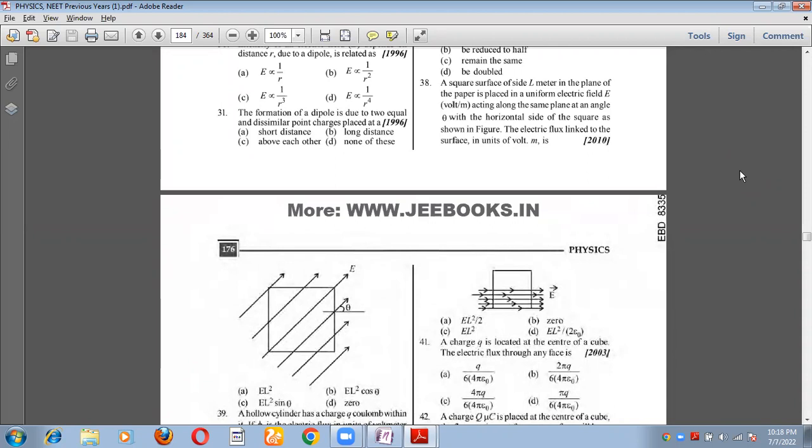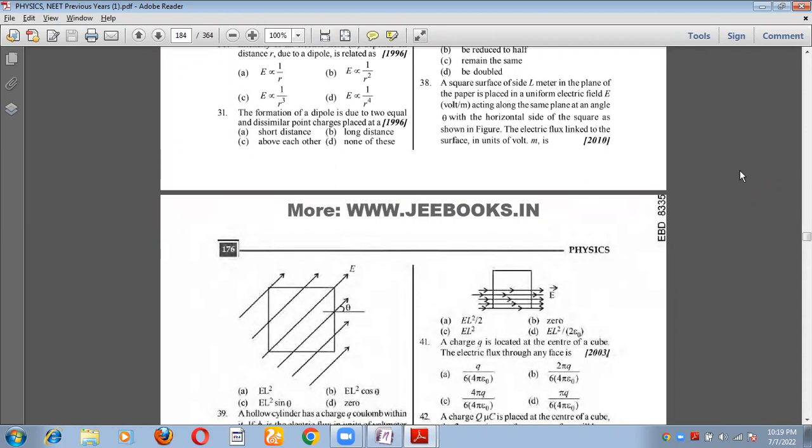Have all of you gone through question number 38? So question number 38 says: a square surface of side L meter in the plane of the paper is placed in a uniform electric field E, acting along the same plane, at an angle theta with the horizontal side of the square as shown in figure.